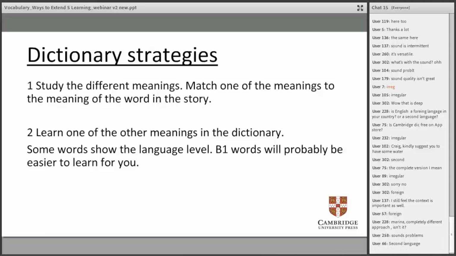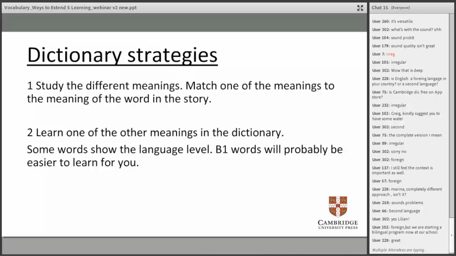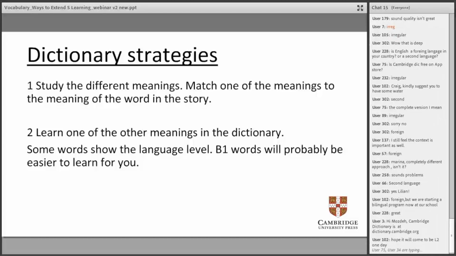Then, as a strategy to help them slightly broaden their vocabulary knowledge, I suggested that, okay, you've looked at one meaning for that word. If there are 2 or 3 other meanings, why not learn those meanings as well? This is aiming to increase their vocabulary knowledge. Often students think, well, there are these 5 different meanings of the word, and I've looked at one, so there are another 4.